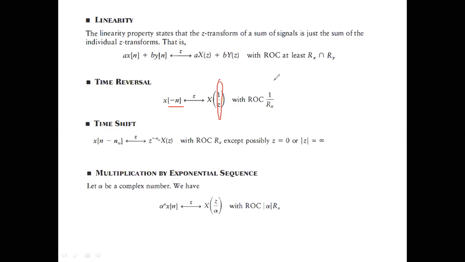That means if the radius is 1, it is replaced by 1 by 1. If the radius is 2, it is replaced by 1 by 2. So we'll see that now.